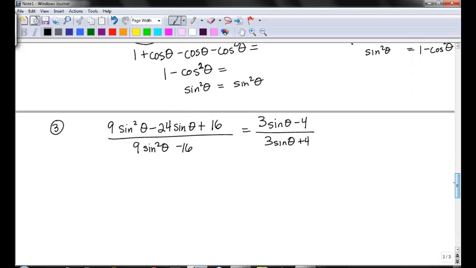Okay, now factor that left side. Is there anything in common all the way across on the top? No. Difference of two squares? No. Is it a trinomial square?